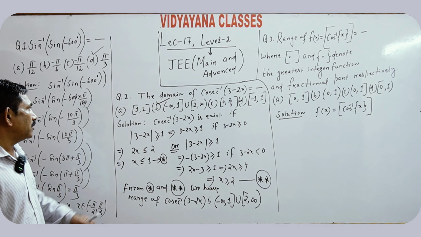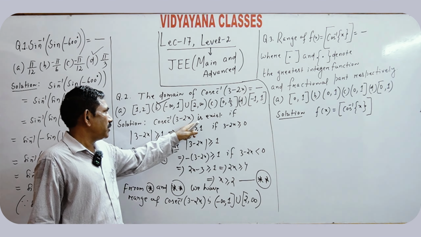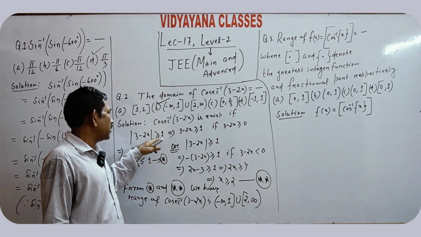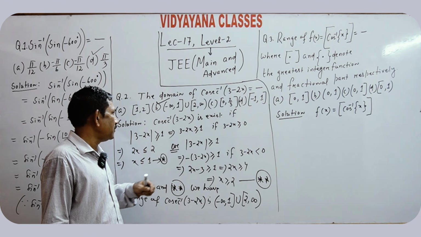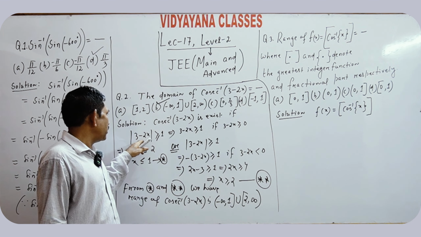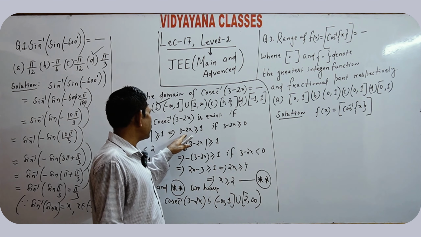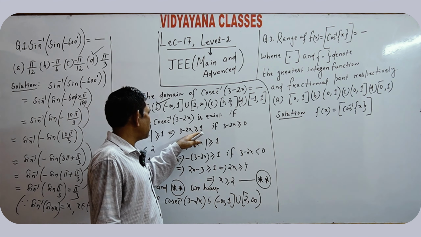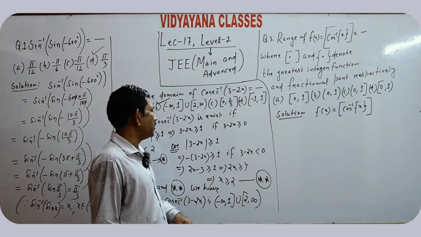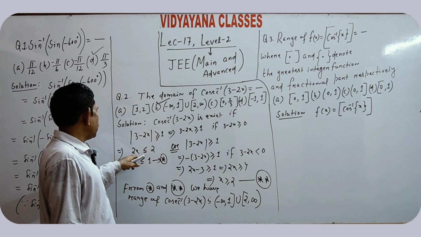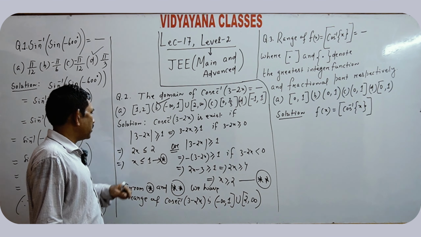Clear? Cosec inverse 3 minus 2x exists if mod of 3 minus 2x greater than equal to 1, and mod of 3 minus 2x greater than equal to 1 implies 3 minus 2x greater than equal to 1 if 3 minus 2x greater than equal to 0, which implies x less than equal to 1.